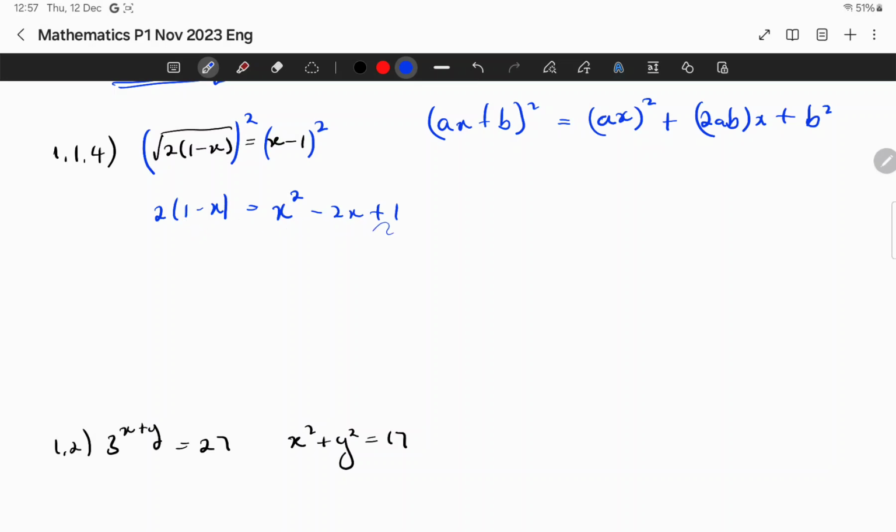So we're here now, and we want to simplify this further. We'll just multiply this out and move it to the other side. We have 2 minus 2x is equal to x squared minus 2x plus 1. When you move this 2x to the other side, it becomes positive 2x, which cancels this 2x out, so we have no 2x.